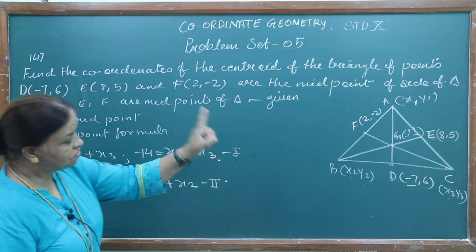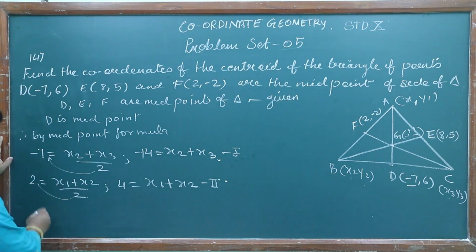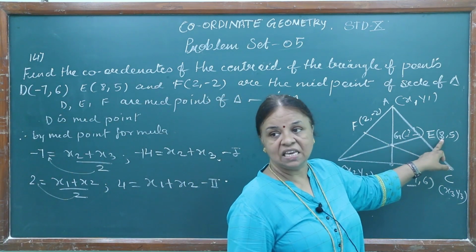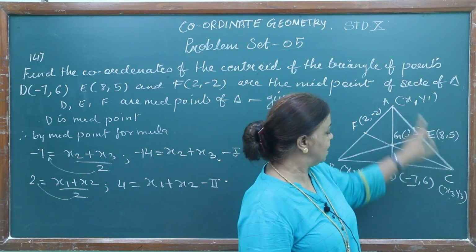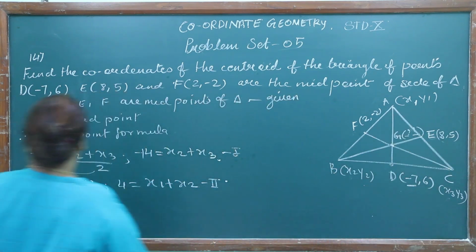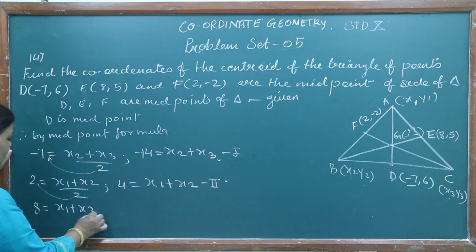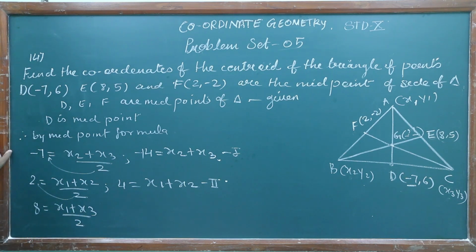Now if E is the midpoint, the x coordinate of E will be equal to this plus this. So 8 is equal to (x1 plus x3) upon 2, children.